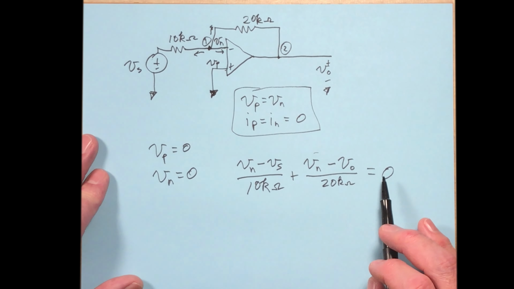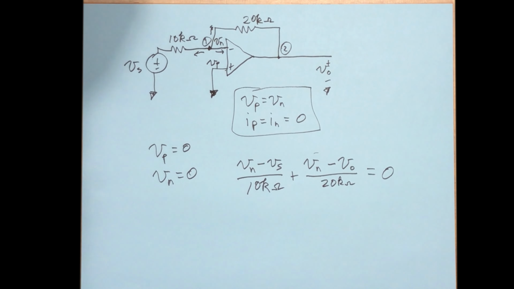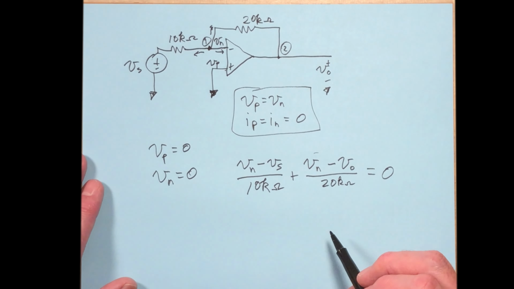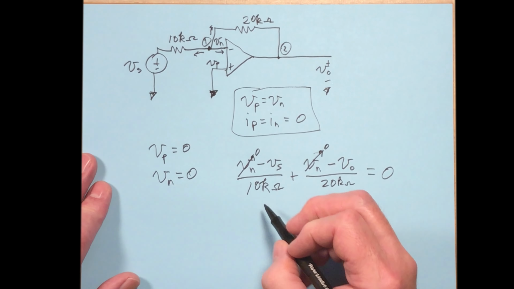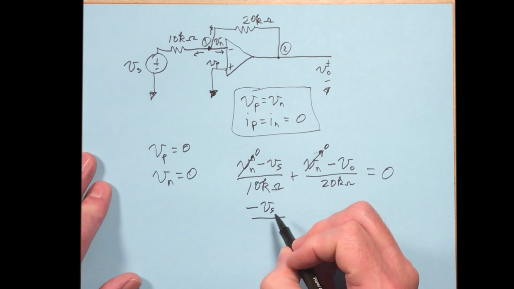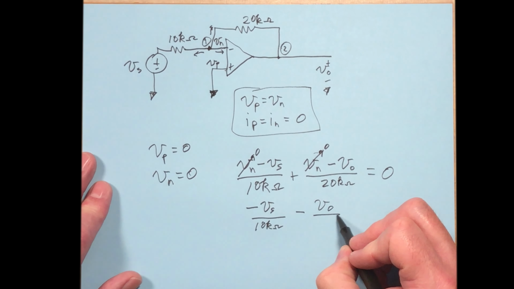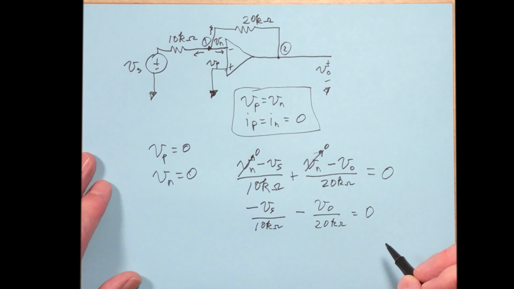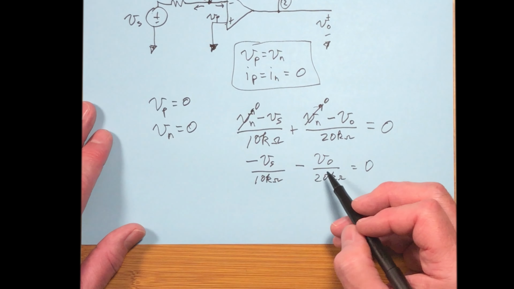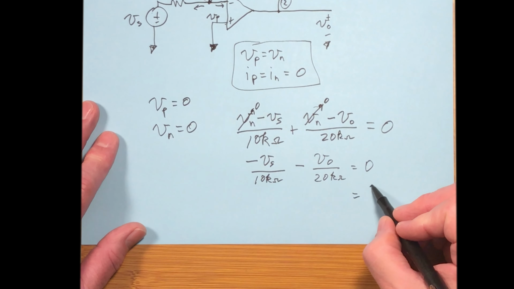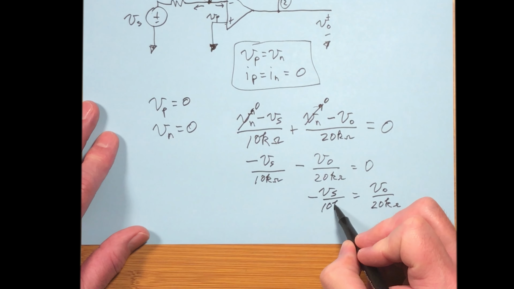Now with that, let's do what we normally do, find our common denominator and see if we can simplify things here. One of the first things I want to do, though, is just replace that with 0. So this becomes minus Vs over 10k minus V naught over 20k is equal to 0. So if I do V naught over Vs, let's put the V naught on the other side, and it becomes minus Vs over 10k.